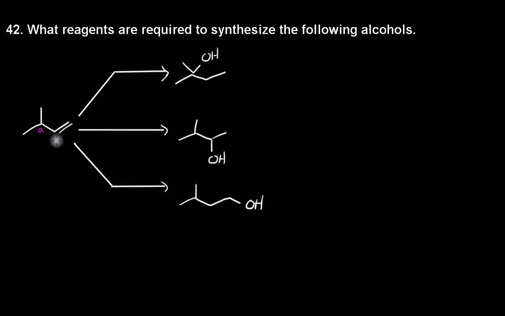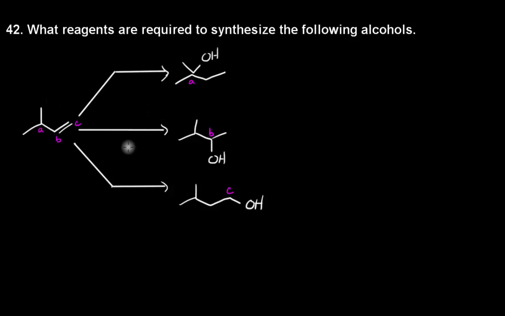So this is carbon A, carbon B, and carbon C. Okay, so we're going to either put our alcohol on carbon A, or carbon B, or carbon C. Two of these are just being able to recall reagents and being able to recall whether or not they add in a Markovnikov or an anti-Markovnikov fashion.